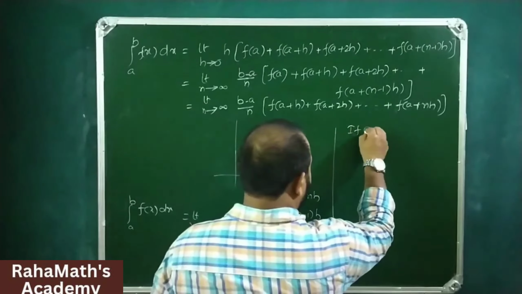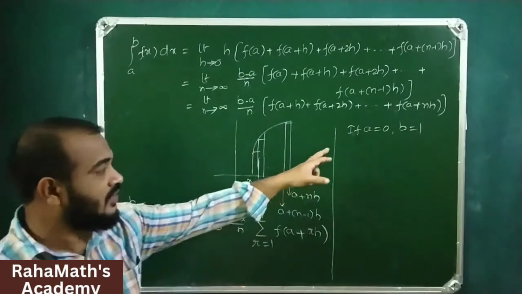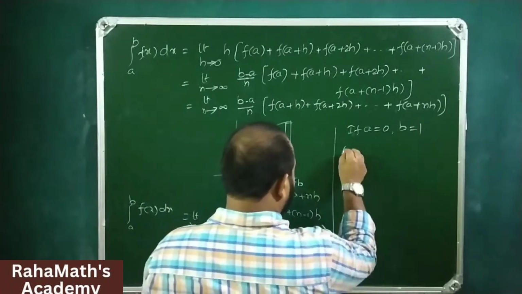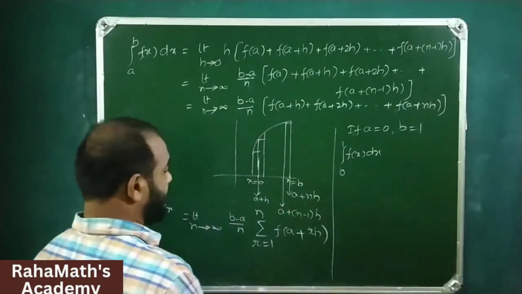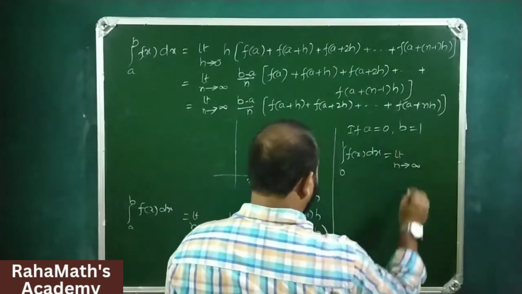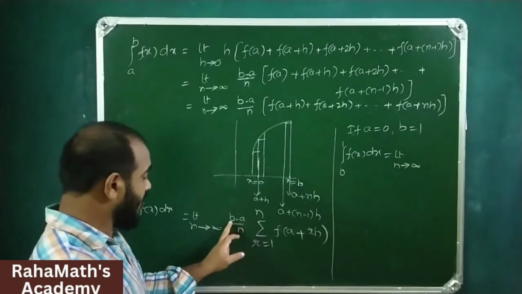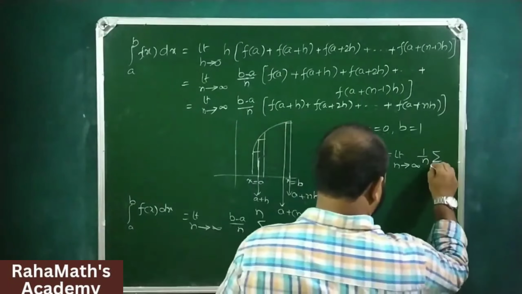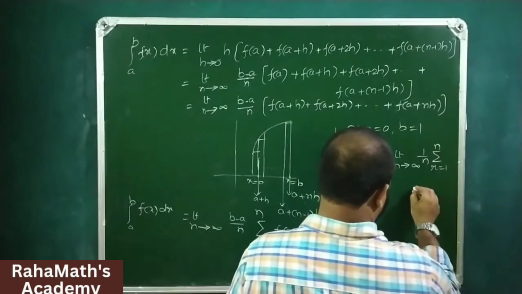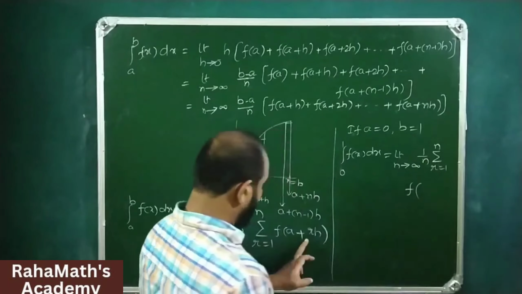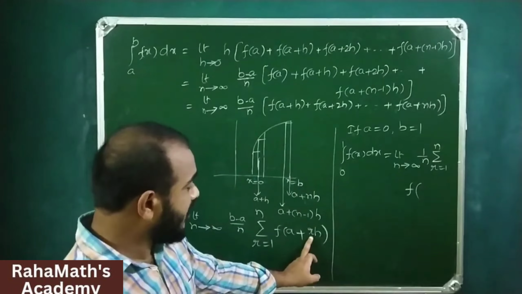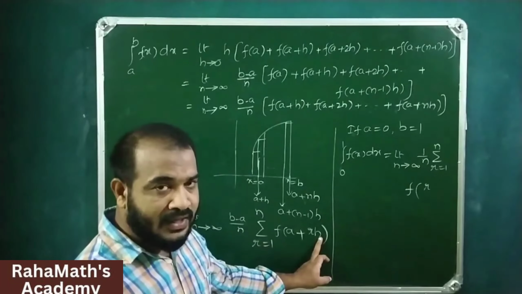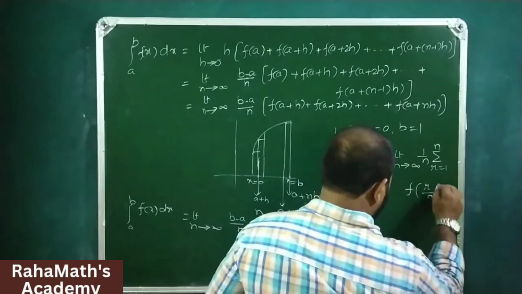If a is equal to 0 and b is equal to 1, the lower limit is 0 and the upper limit is 1, then integral 0 to 1 f of x dx is equal to limit n tends to infinity of b minus a by n, that is 1 minus 0 by n, which is 1 by n, sigma r runs from 1 to n into f of, since a is 0, r h, where h is equal to b minus a by n, that is 1 minus 0 by n, so this is f of r by n.